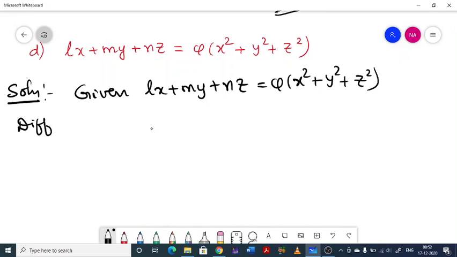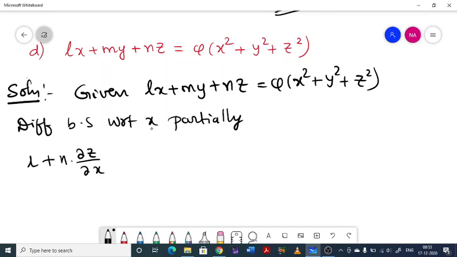Differentiate both sides with respect to x partially. What we get? On the left hand side we get L, plus my will be 0 on differentiation, plus n into dou z by dou x, equal to phi dash of x square plus y square plus z square, that into derivative of the inner function, 2x plus 2z into dou z by dou x.